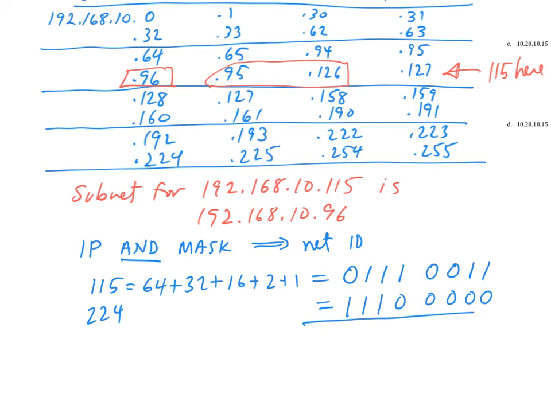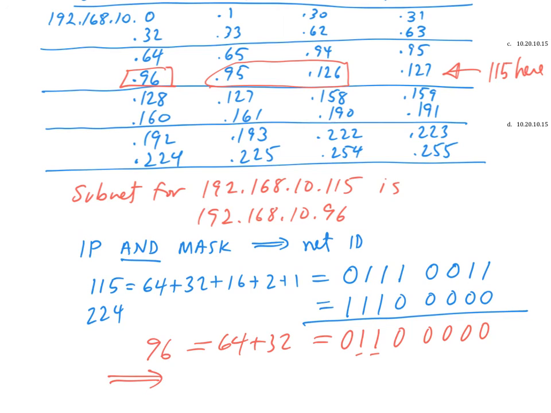Now if we're going to AND those bitwise, we look at the 0 and the 1, and we get a 0. Only when we have 2 ones in the bitwise positions do we get a 1. Otherwise we get a 0. And so we get 0, 1, 1, 0, 0, 0, 0, 0. This number is 64 plus 32, the 64's place and the 32's place, and this is 96.